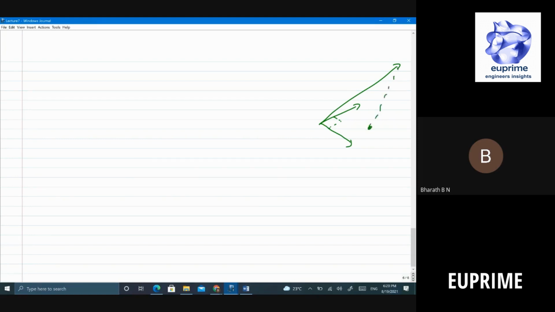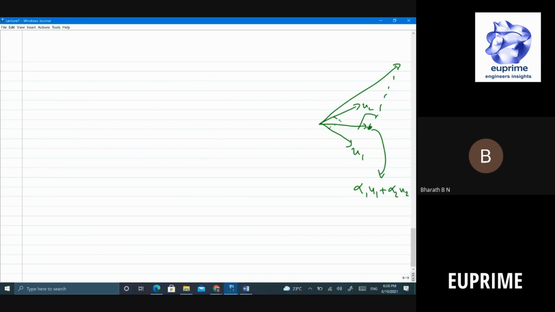This point is a linear combination of u1 and u2, right? Let me call this alpha 1 u1 plus alpha 2 u2. When I project, this should be orthogonal, right? That means this vector should be orthogonal to this vector.